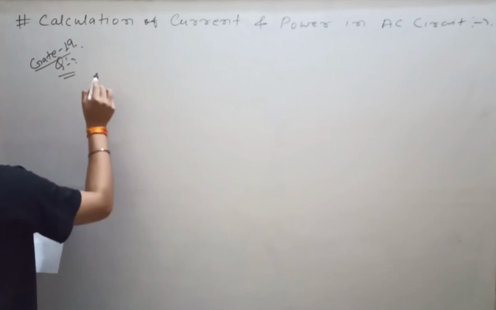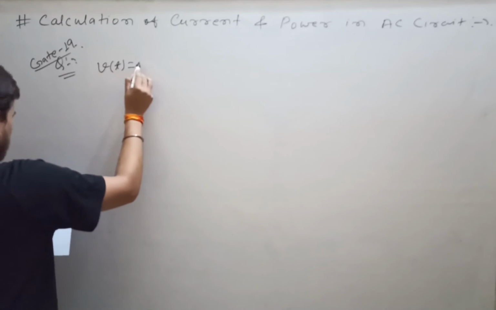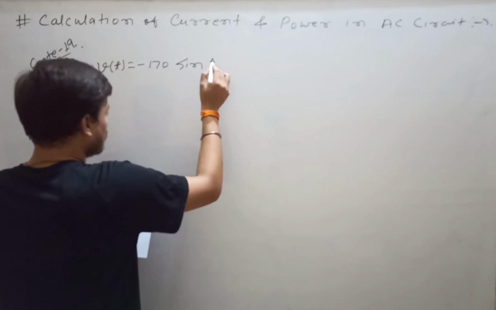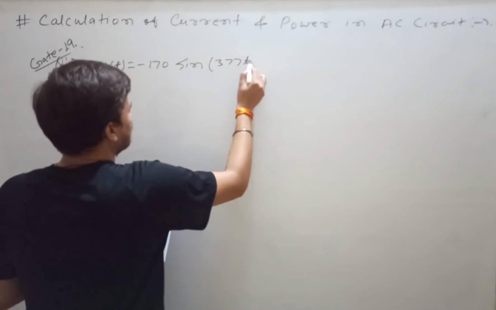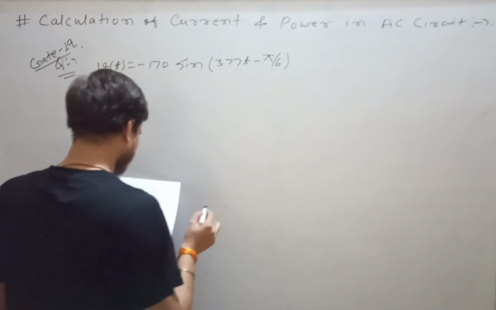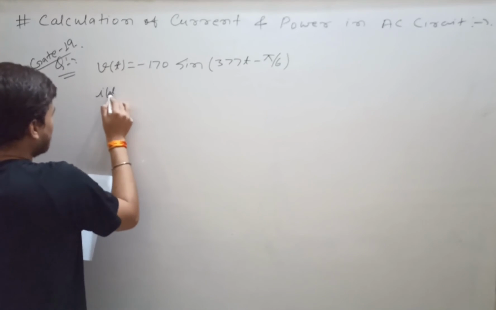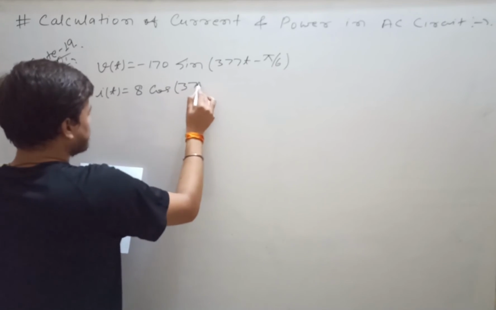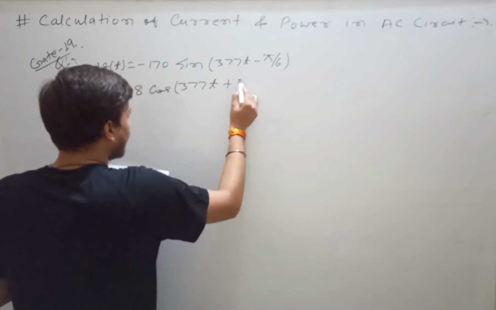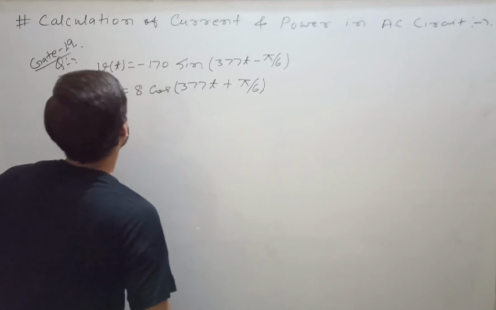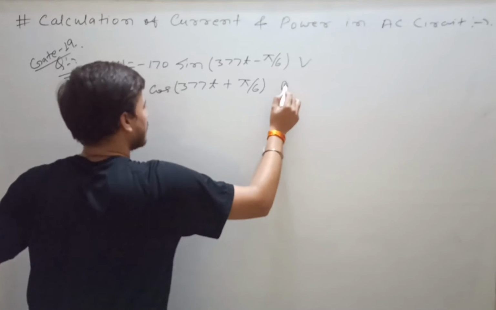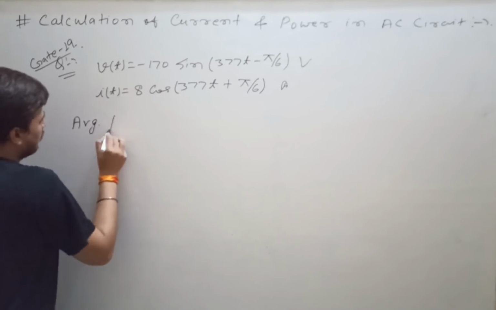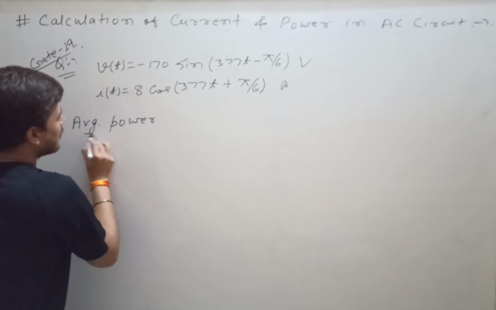It is given that Vt equal to minus 170 sine 377t minus pi by 6, and It is equal to 8 cos 377t plus pi by 6. Clear? This is voltage and this is current. You have to find the average power consumed by the load.